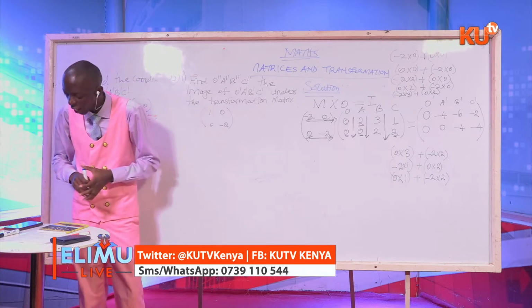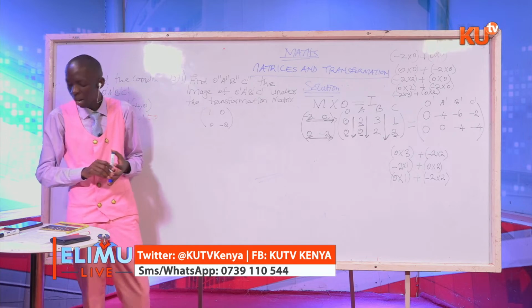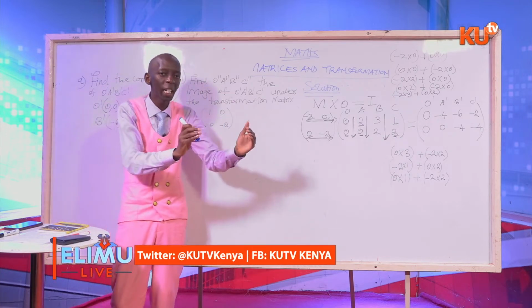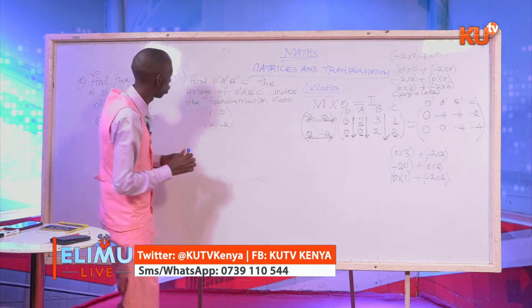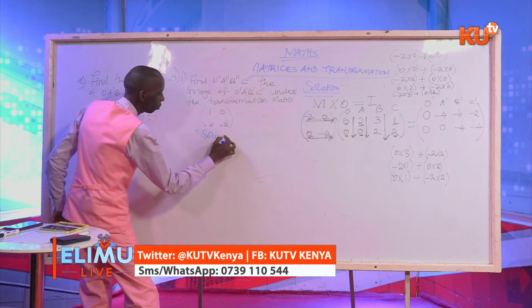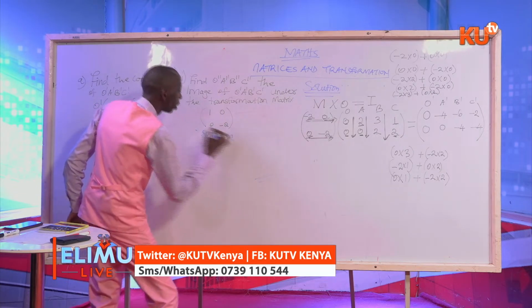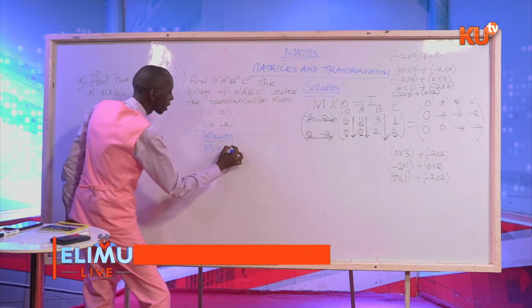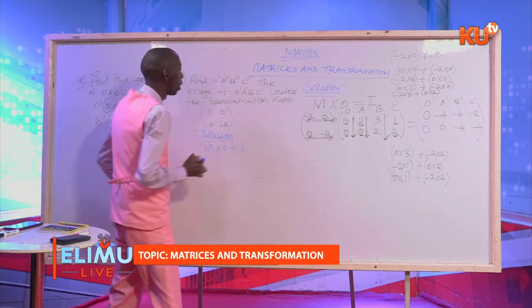We are still going to use the same concept of matrix times the object is equal to the image. So our matrix solution: our matrix times the object is equal to the image.